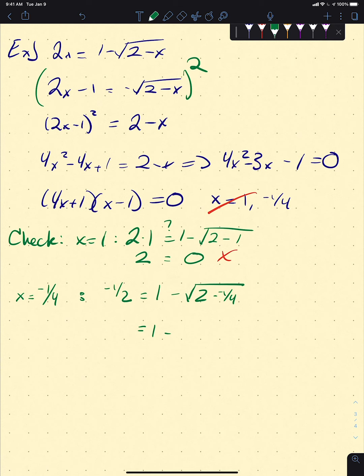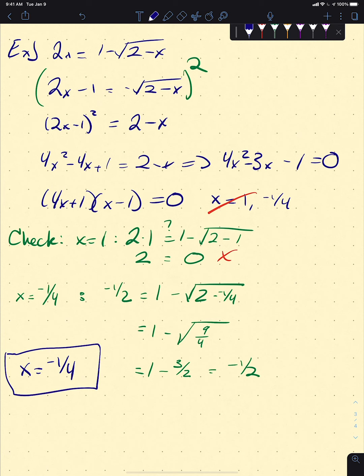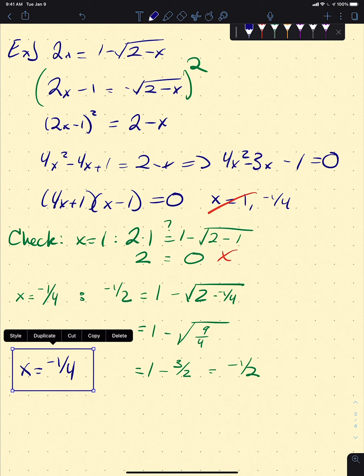And that's going to be 1 minus, it looks like that's going to be 9/4, which means we have 1 minus 3/2, which is indeed minus 1/2. So this second value for x is valid. So we have our one solution for our equation. We can put a nice little box around it.